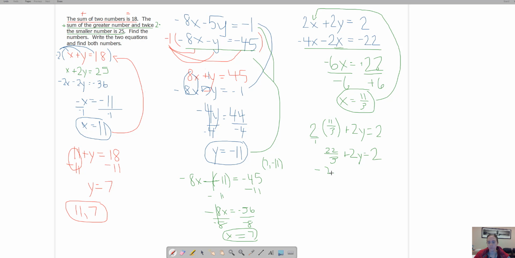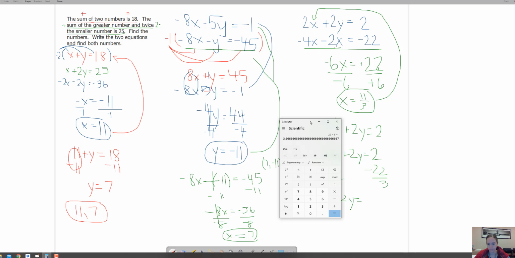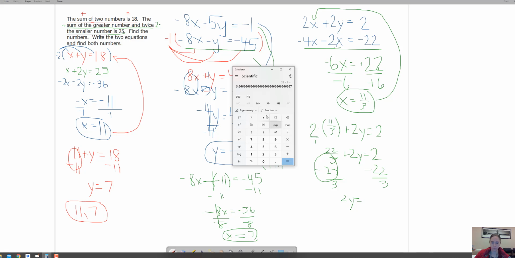So then we'd have to subtract 22/3 on both sides. So I'd have 2y equals, maybe I'll go ahead and pull up my calculator, since I'm pretty sure that's how most of you would want to do it. So 22/3 divided by 3, so that's 7.3 repeating.